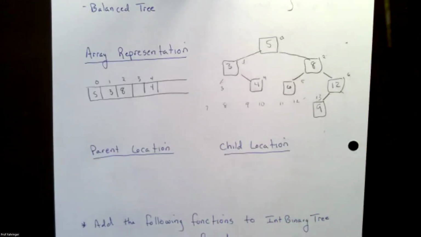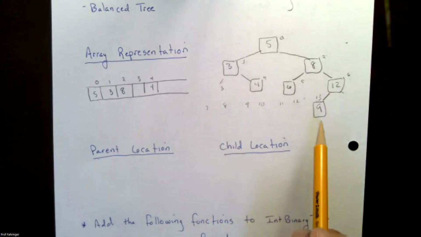All right, in the video, let's see how good you are. Where is a parent? So every node has one parent. 3's parent is at 5. 9's parent is at 12. And in order to find the parent, we needed a little bit of a mathematical formula.